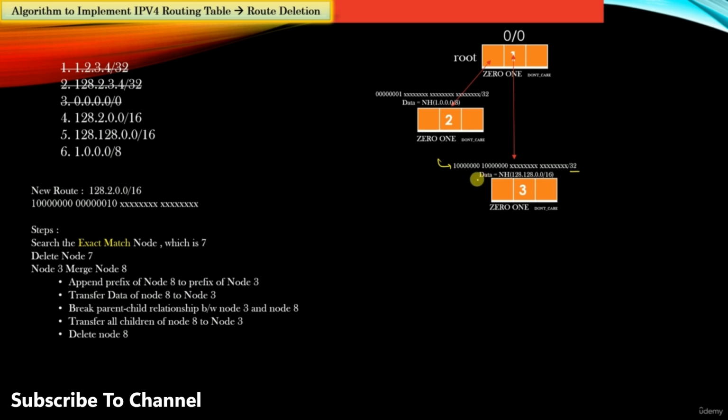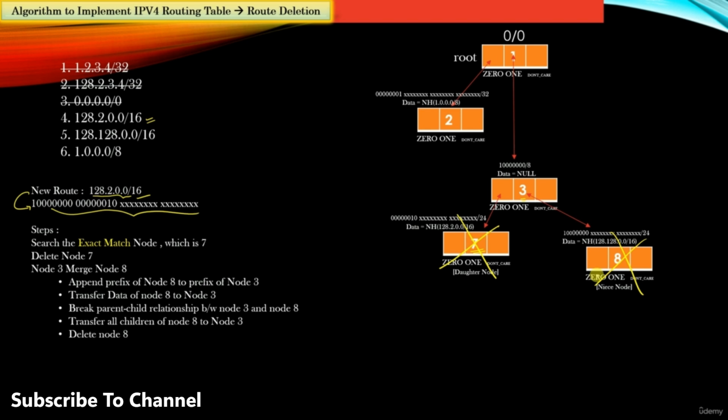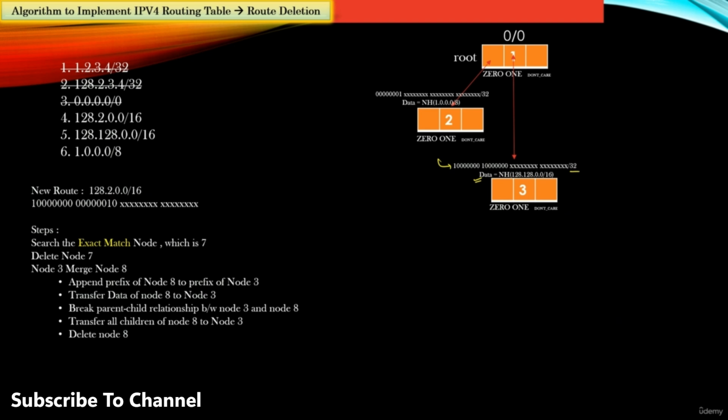The data part is also borrowed from the node 8, which has just vanished. Also, the node number 8, which is just deleted, did not have any children. Therefore, there is no transfer of any children from the node 8 to the node 3, and the node 3 becomes a new leaf node. So this completes the deletion of the route number 4.